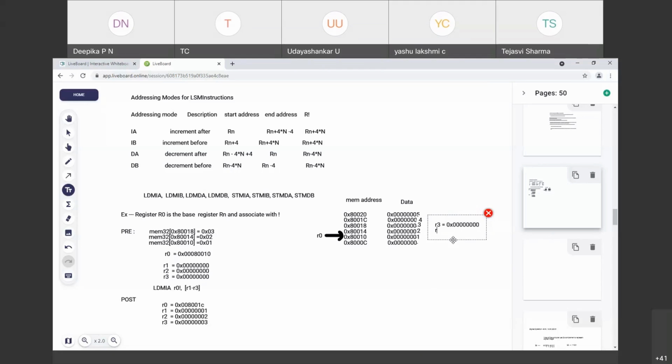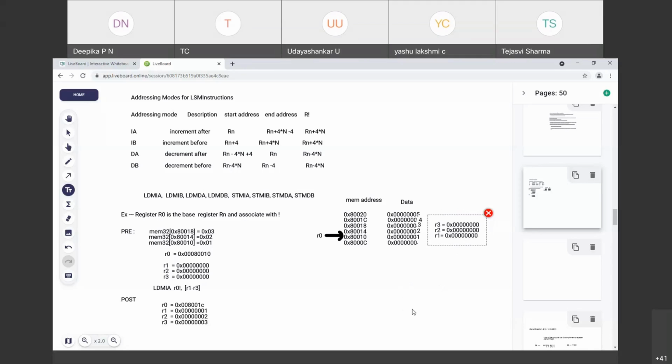R2 was having 0x with 8 zeros. Similarly, R1 is having nothing, 0x with 8 zeros. No values are uploaded. So this is before execution. This is what exactly the instruction is telling about the precondition.